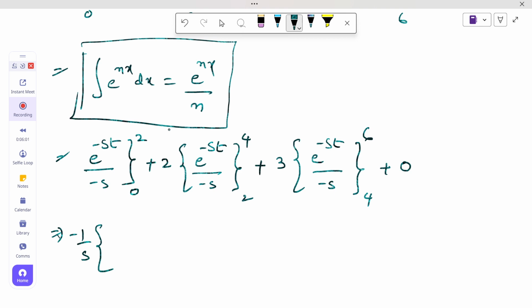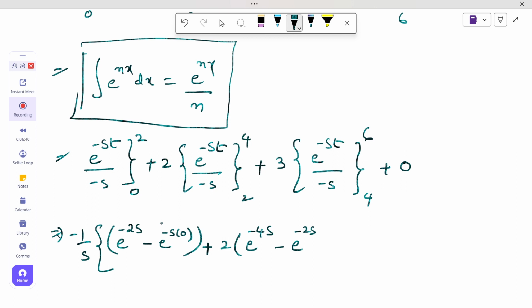For the first one, e to the power of minus 2s minus e to the power of minus s into 0, then plus 2 of e to the power of minus 4s minus e to the power of minus 2s, upper limit minus lower limit.